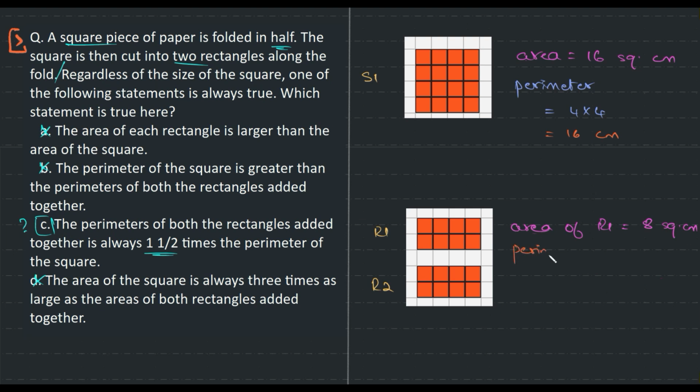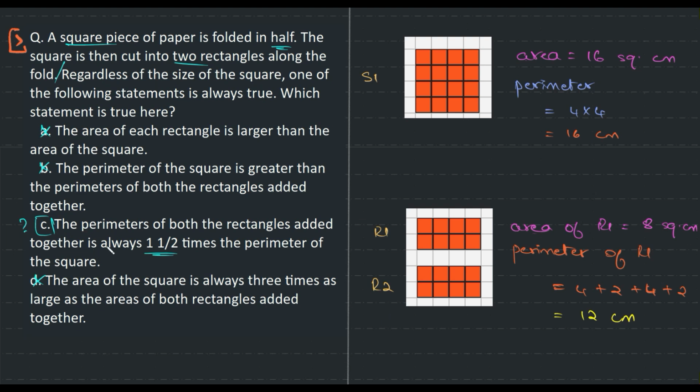Remember, perimeter of both the structures remains the same, so I'll just calculate for one. R1 is equal to 4 plus 2 plus 4 plus 2, added this way. So this is 6 and 6, 12 centimeter. So each of these is 12 and 12, that is 24.